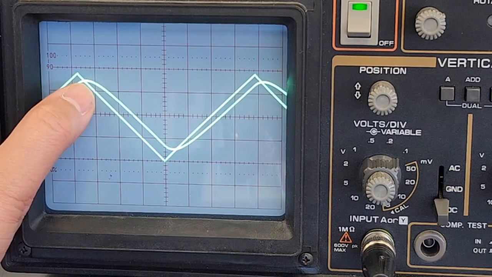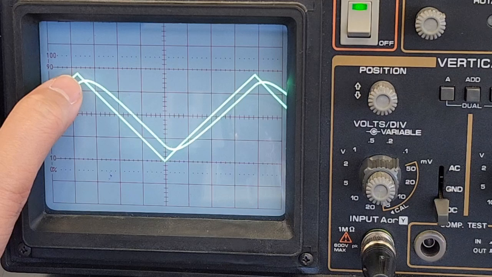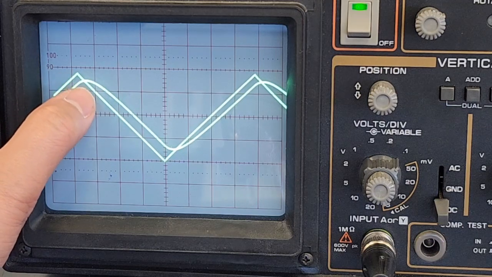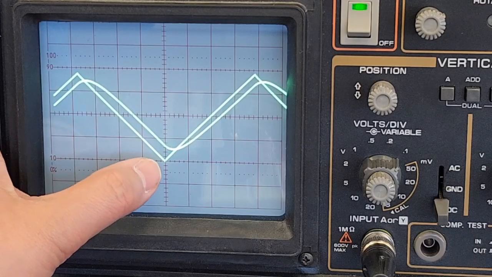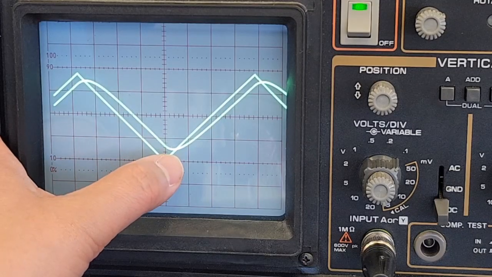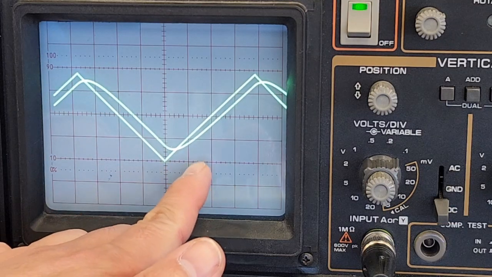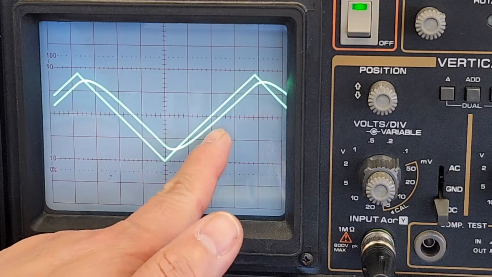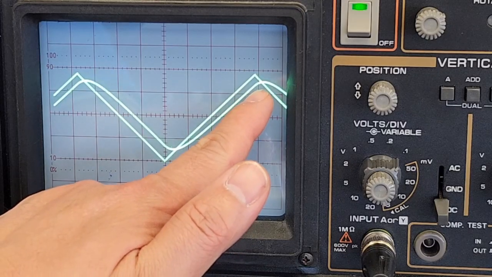You can see that at points where the current is not changing, the voltage across the inductor is 0. At points where the current is decreasing, there's a voltage rise as the current goes through the inductor. And at points where the current is increasing, there's a voltage drop as the current goes through the inductor.